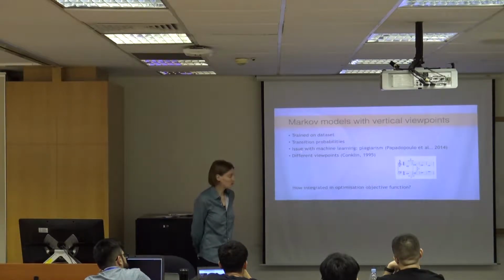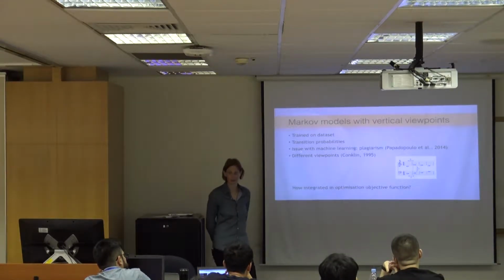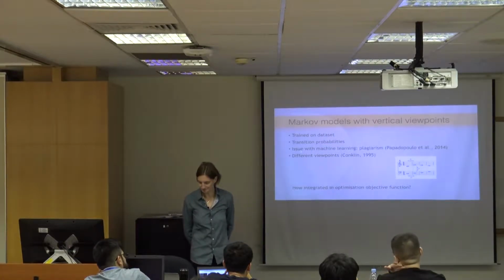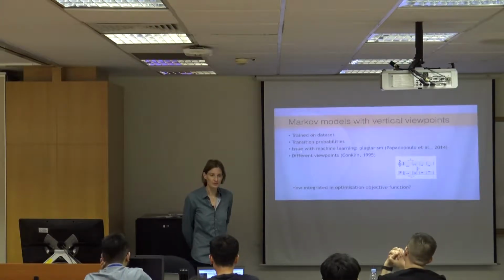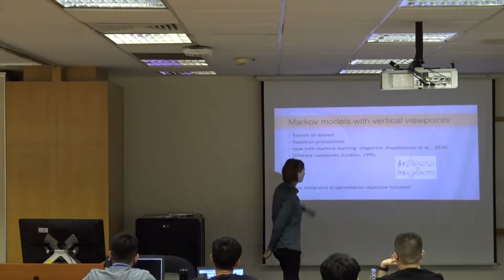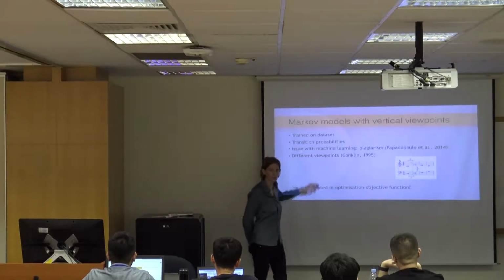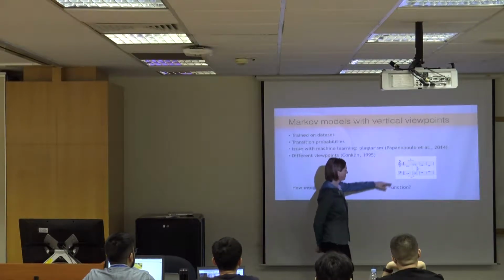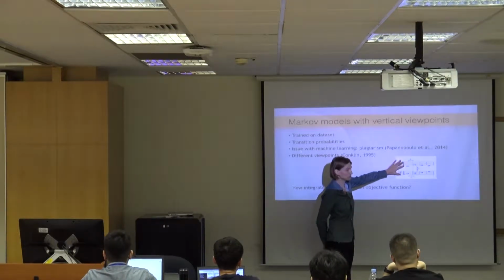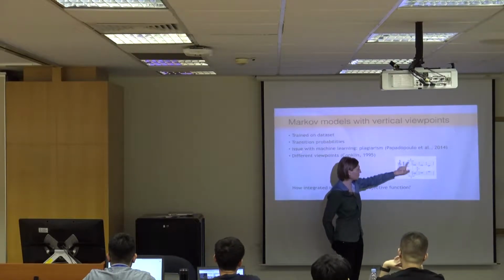If you're interested in that issue, Papadopoulos has written a whole paper on it. I've already mentioned the viewpoints by Conklin. I also had an earlier paper about the multiple viewpoints. But for this little test, we took, I think, second order counterpoint, and we looked at three viewpoints.